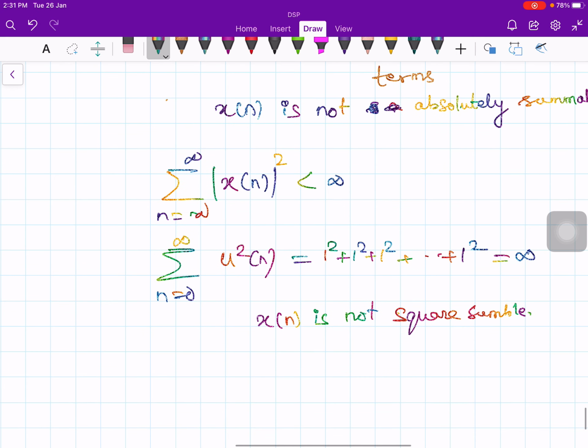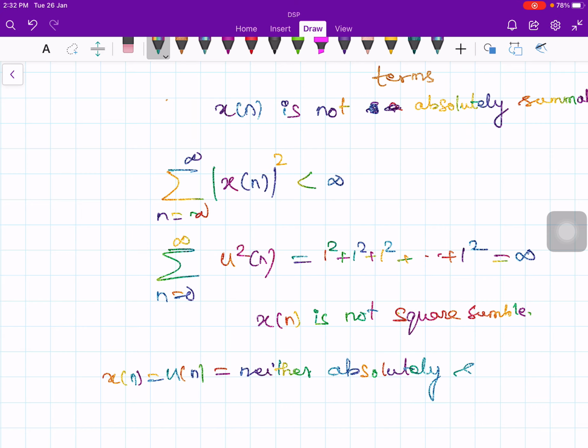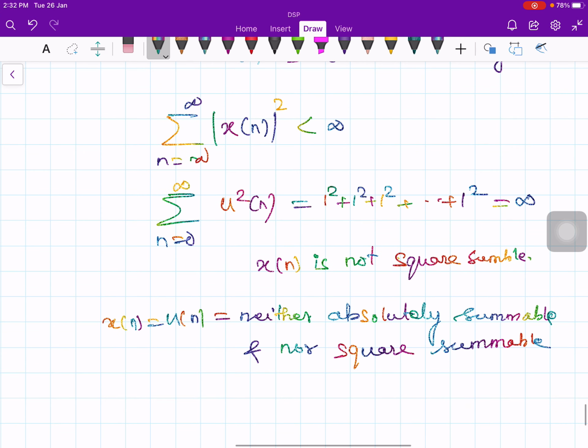Therefore x of n equal to u of n is neither absolutely summable nor square summable. But the beauty is it has a DTFT.